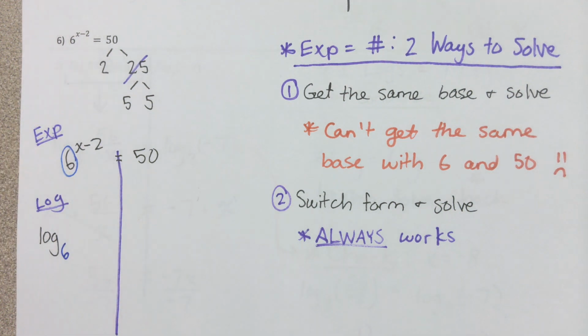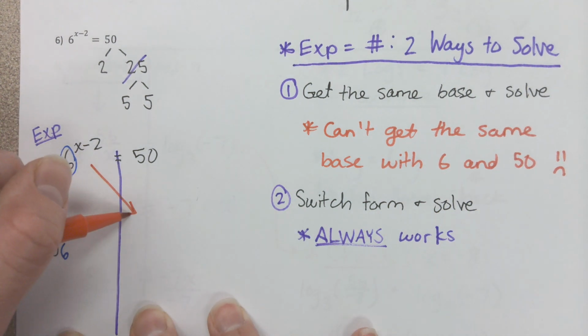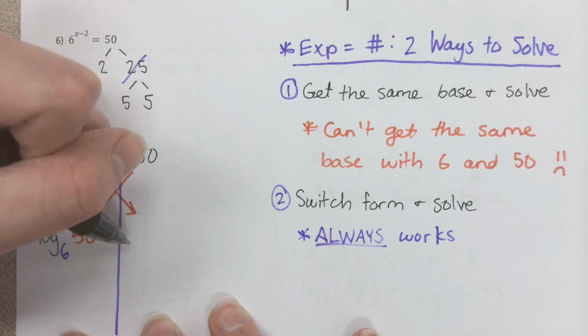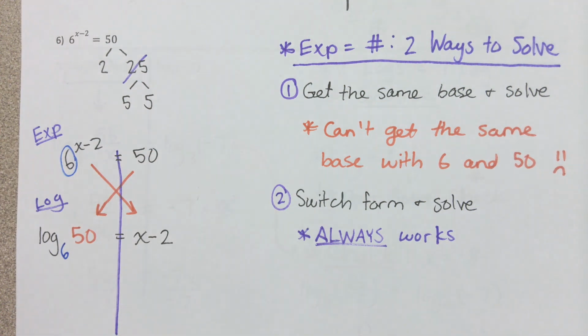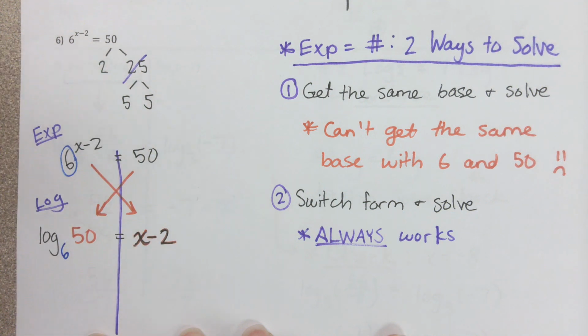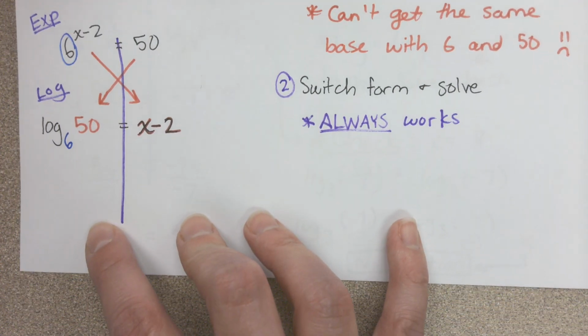Step down when you write it. It's a small 6. The other two switcheroo. So the 50 goes in here. And then the x minus 2 goes over here. This is our equation.